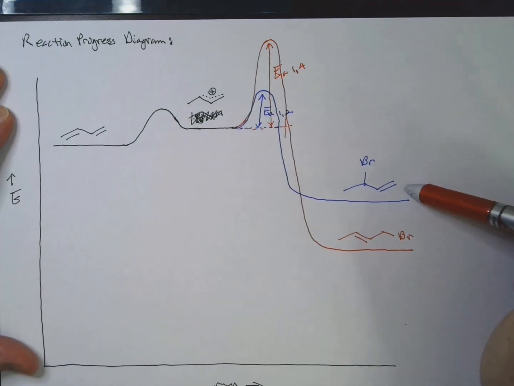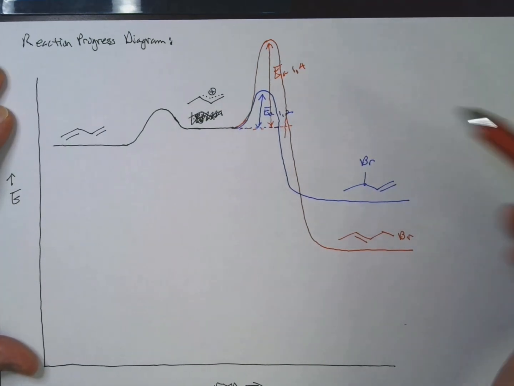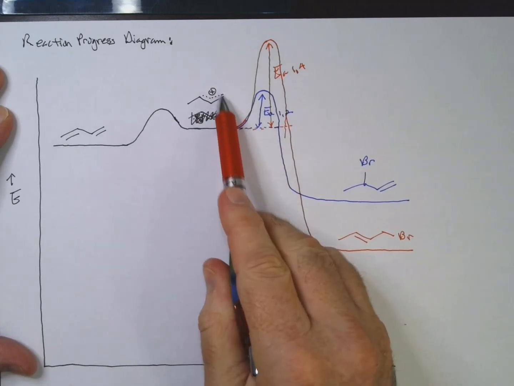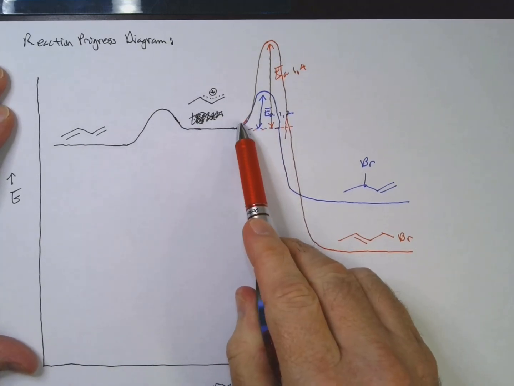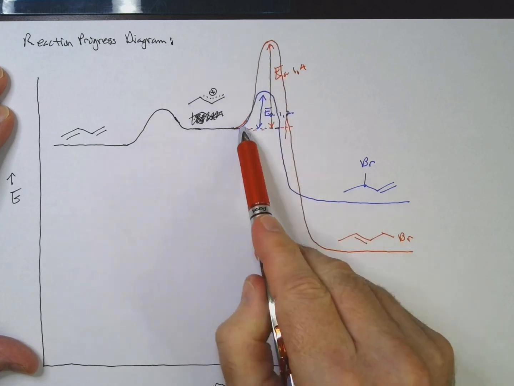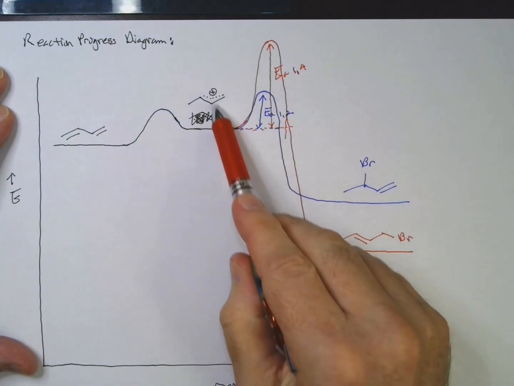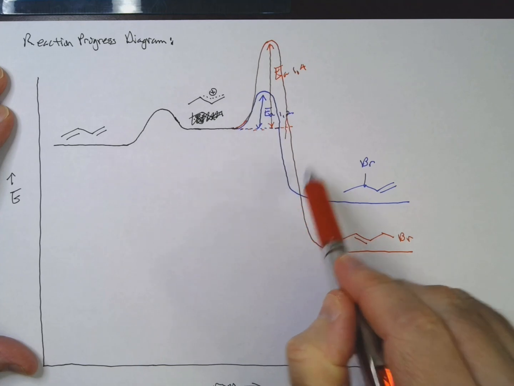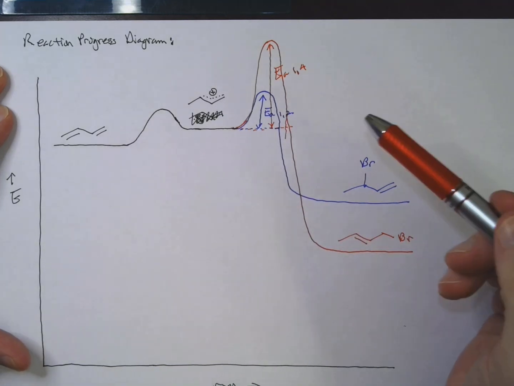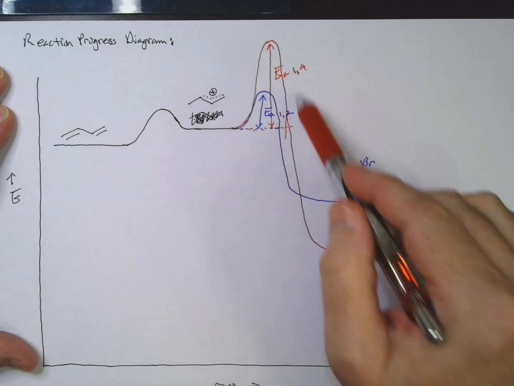So we see here in blue, this is what's going to happen at low temperature. We have fewer molecules of the intermediate that have enough temperature to get over the big hump. So the small hump energy barrier is easier to get over, so that's what's going to happen. But at a higher temperature, we have more molecules that can get over the big hump.